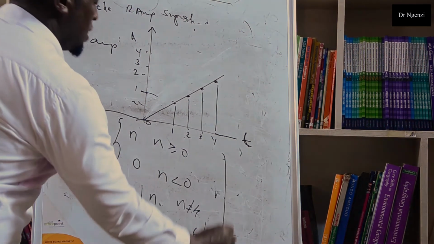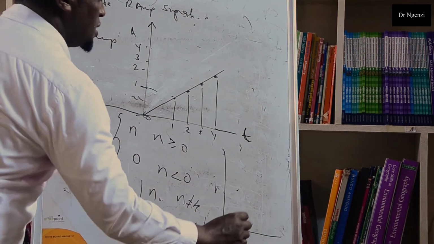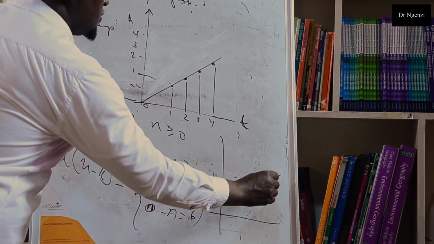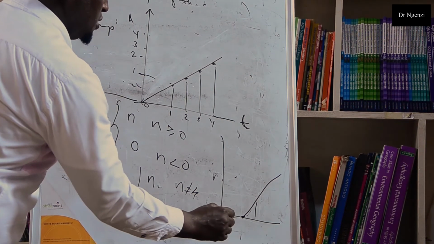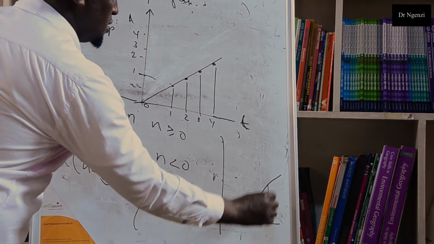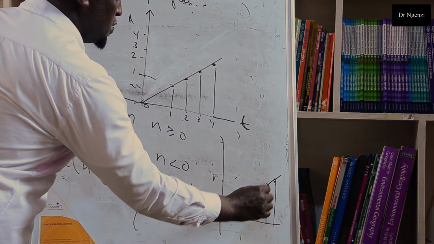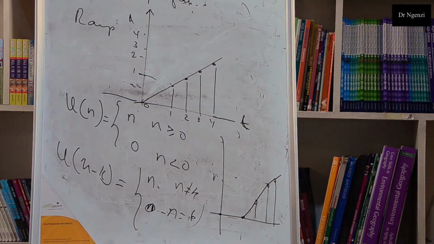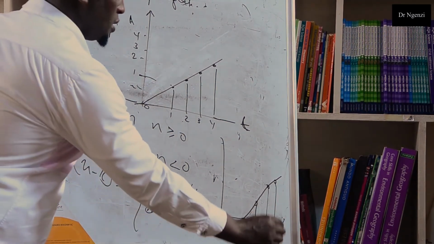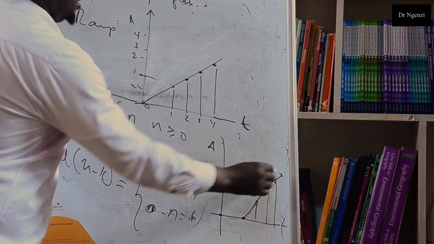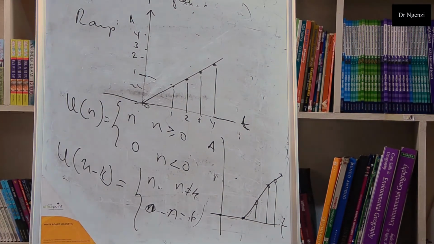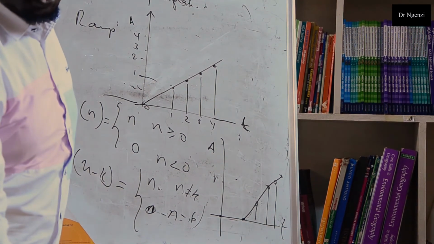For example, here you can draw the same way like this, and you will have some shifted ramp at this side. You see, from this point to this point, it has shifted to these values. So it goes to the other side. And here, of course, the main arm shows some of the signal that has been shifted.